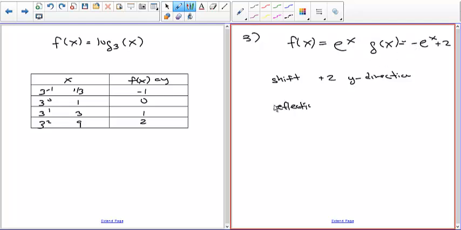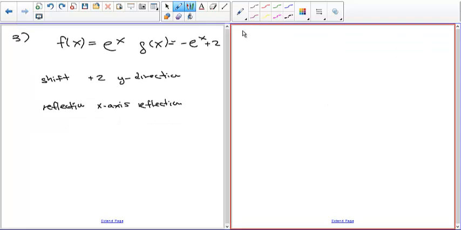If the negative is out in front of the exponential, that means it's an x-axis reflection. Now if I had e to the minus x, where the negative is in the exponent, then it would be a y-axis reflection. So that was all there was to that one.